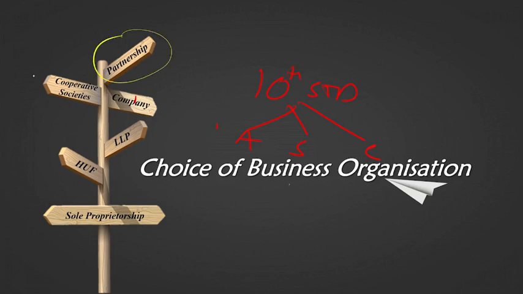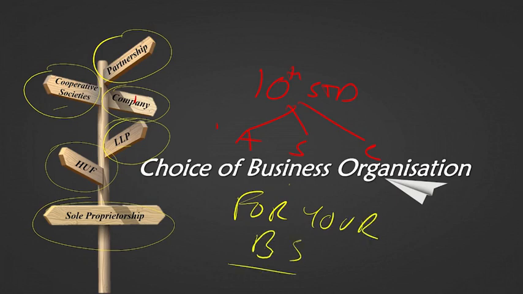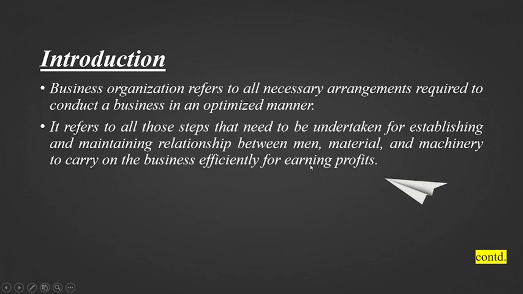But which you have to choose depends on what your business is, what the size is, what the capital is. So you can go for partnership, society, company, LLP, HUF, that is Hindu undivided family, or sole proprietor. Each one has advantages and disadvantages. Nothing is good or bad. You have to choose what is good for your business, and that is what we are going to learn in this chapter. So let us try and understand.